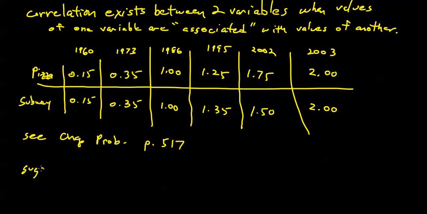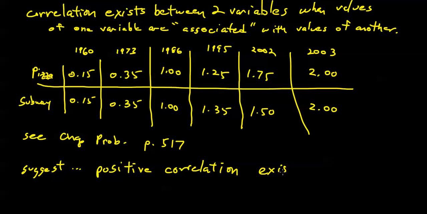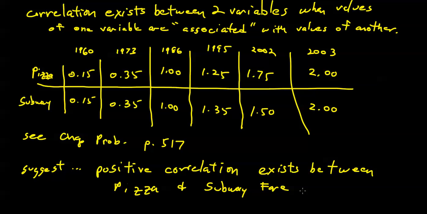Let me write that down. I'm going to suggest there's a positive correlation that exists between pizza, that's per slice cost, and subway fare in New York City in the years specified.